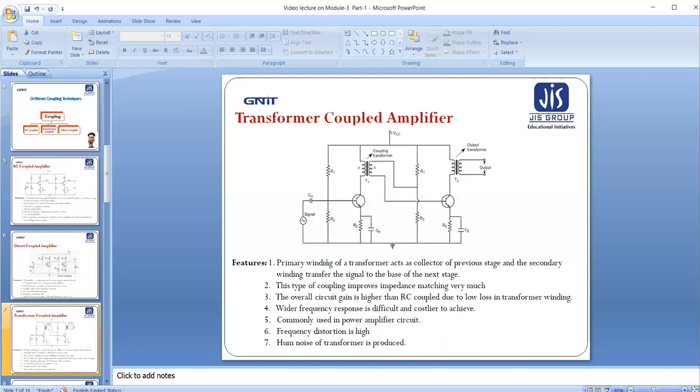So due to these features, the transformer coupled amplifier is not used for the general audio amplifier case. It will be used for the final stage of the audio amplifier, where the power is being boosted. It is specially used for the power amplifier, not the voltage amplifier.